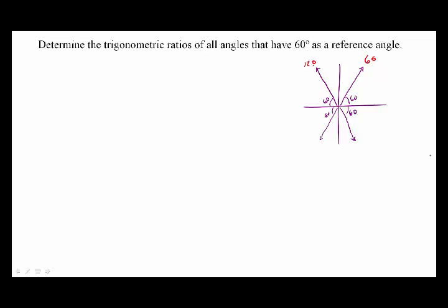I think you got this. What's the next one? 180. No. Wait, 240. And the next one? 300. All right, this one is 60 less than the 180. This one's 60 more than the 180. This one's 60 less than the 360. Fair enough? Now, these are 60-degree angles.